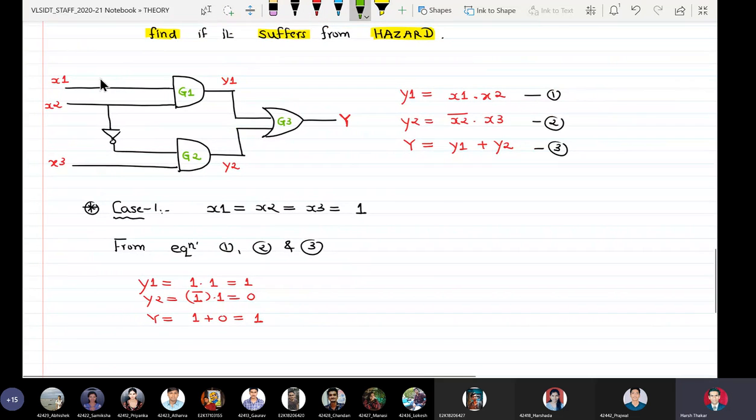So we get 1 here, 0 here, and 1 here. For x1 equal to x2 equal to x3 equal to 1, the output of the circuit y is equal to 1 as per equations 1, 2 and 3, and even from the schematic diagram.